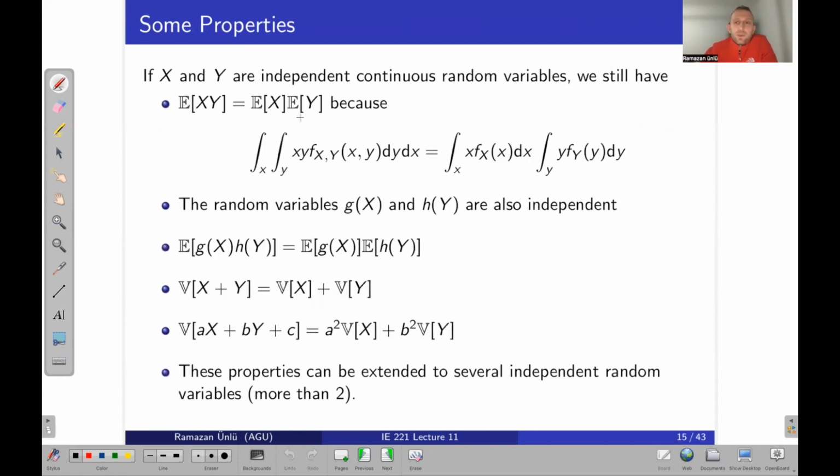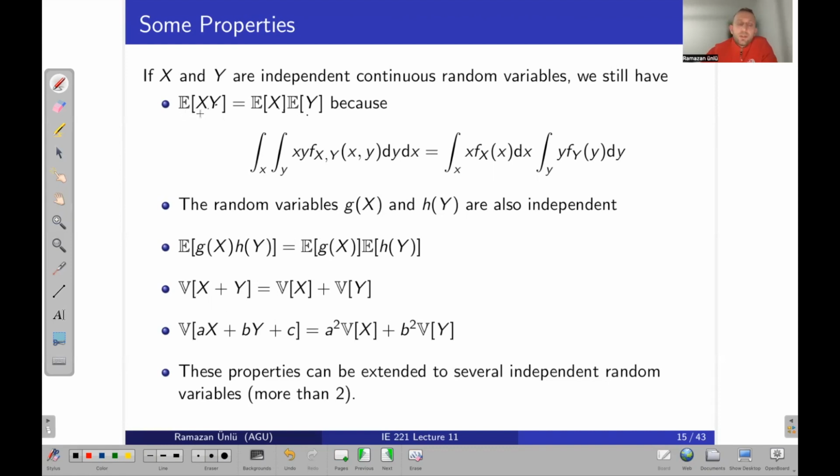So let's get some useful properties again, and the idea is actually the same. If X and Y are independent continuous random variables, we still have that the expected value of X times Y is equal to the expected value of X times the expected value of Y. The difference is that instead of summation, I will use integration, right?